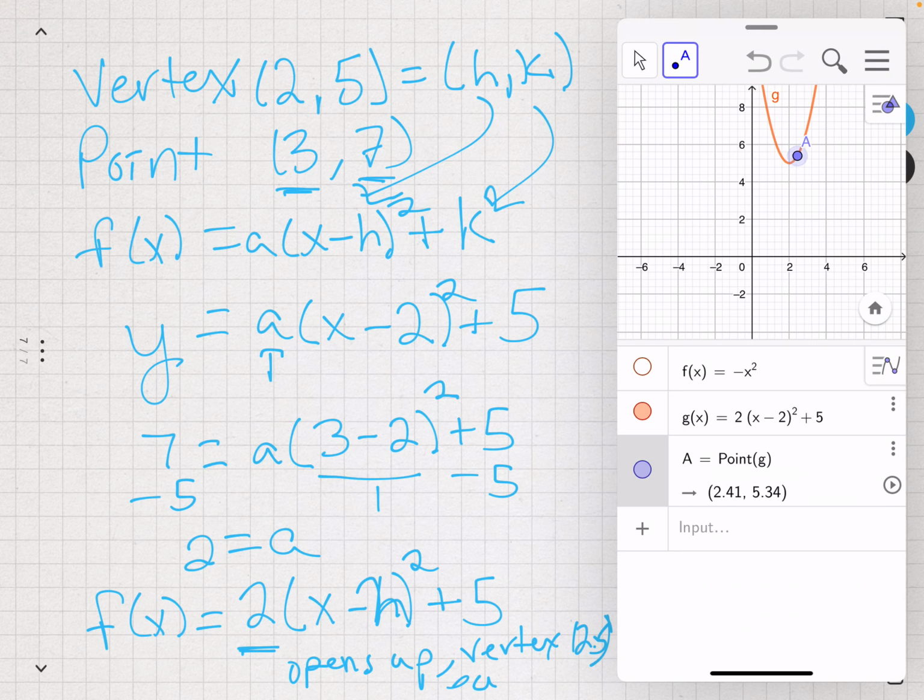So if I drag this over towards 3, oh, we're almost at (3, 7). Whew. So that means this equation, f of x equals 2(x minus 2) squared plus 5, is correct.